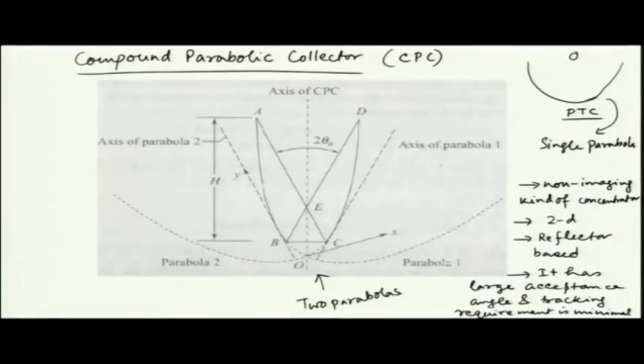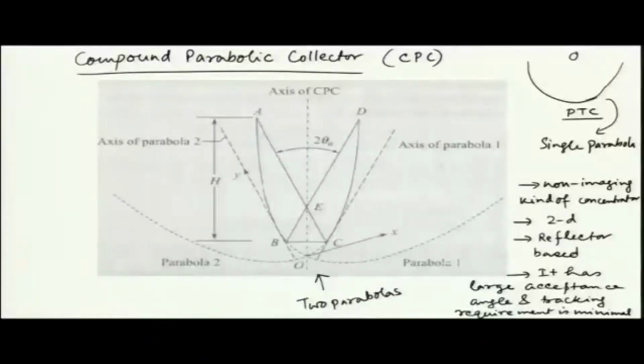That means, unlike the parabolic trough collector and the other collectors as you see later, where the tracking has to be perfect, it has to be 2-axis tracking, and the aperture surface has to track the sun perfectly. But in this case, for the compound parabolic collector, we do not need that. So, that is the particular advantage of this compound parabolic collector, and we will see how it works.